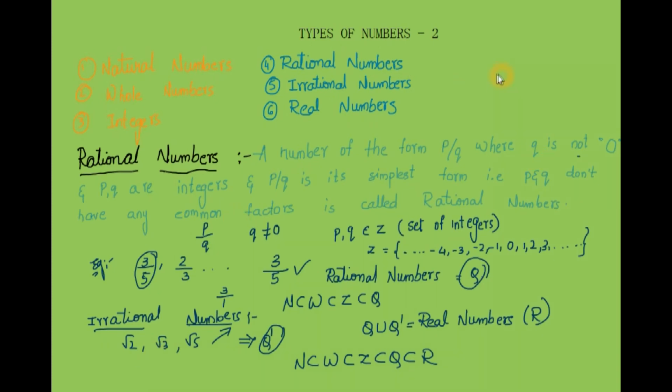Let us take a circle. Natural numbers, whole numbers, integers, rational numbers. You can take this small circle as natural numbers, and this is whole numbers, integers, rational numbers, and rational numbers are a subset of real numbers.